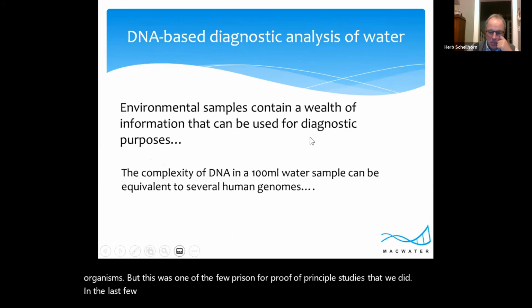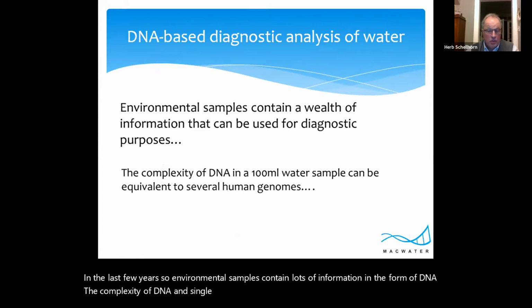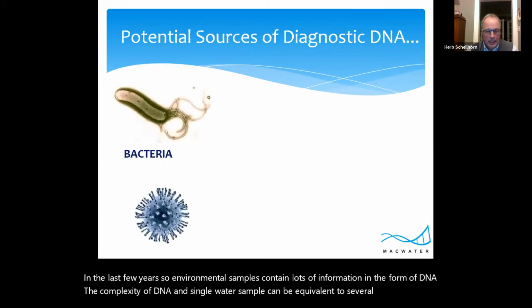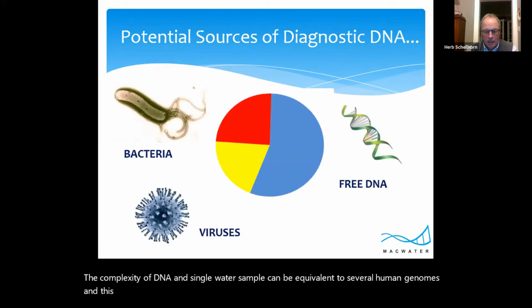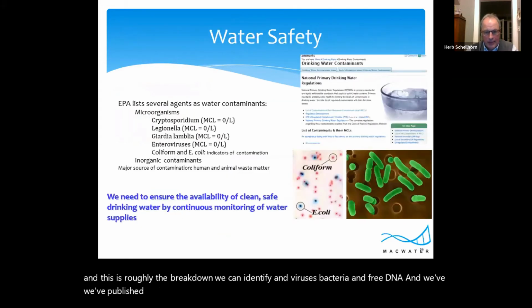Environmental samples contain lots of information in the form of DNA. The complexity of DNA in a single water sample can be equivalent to several human genomes, and this is roughly the breakdown. We can identify viruses, bacteria, and free DNA, and we've published this information for the Great Lakes.